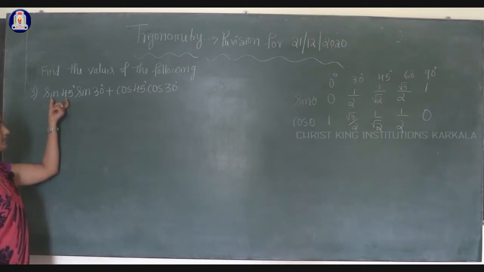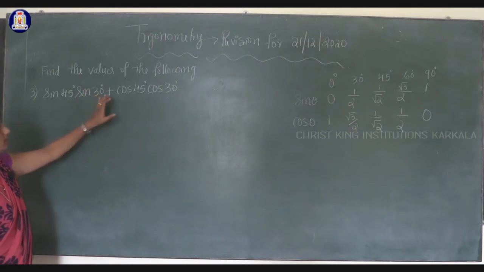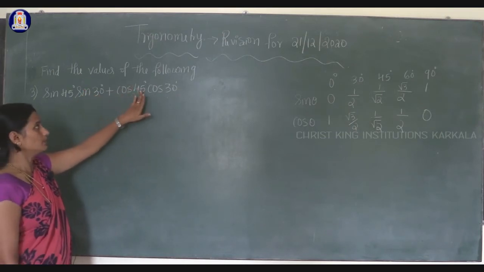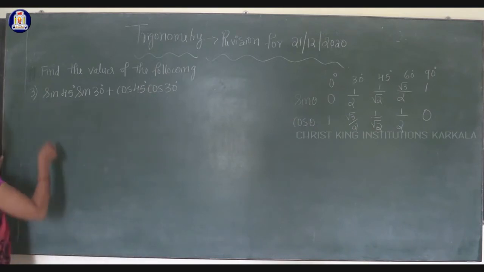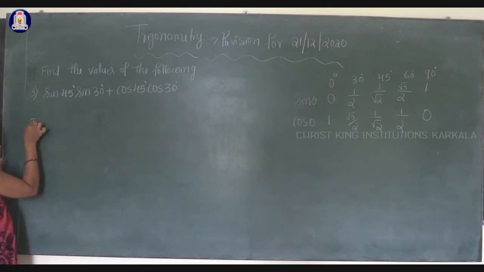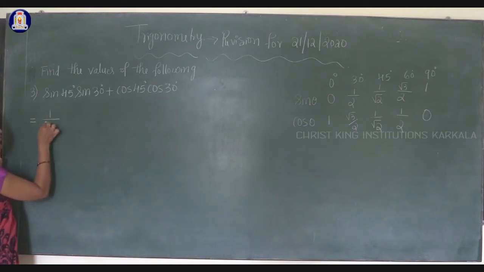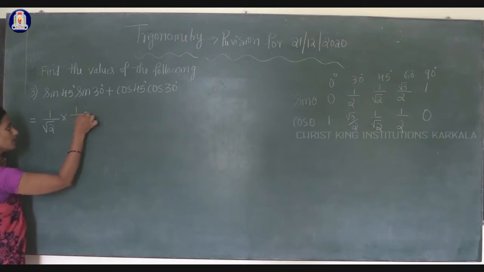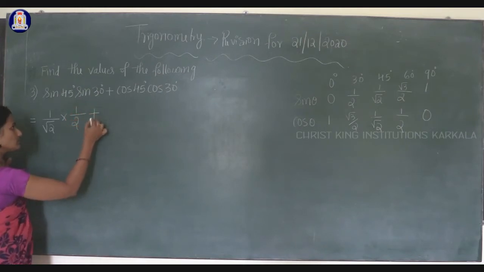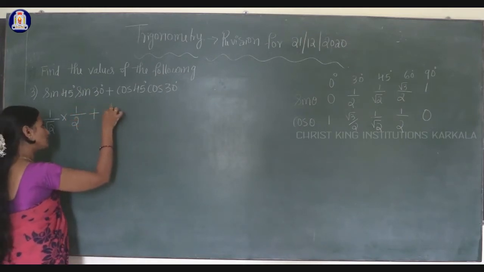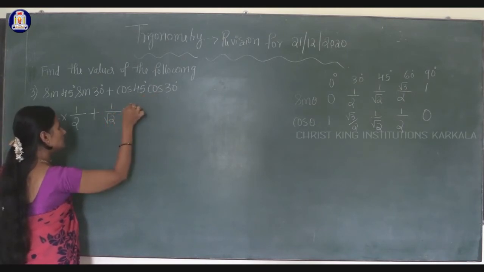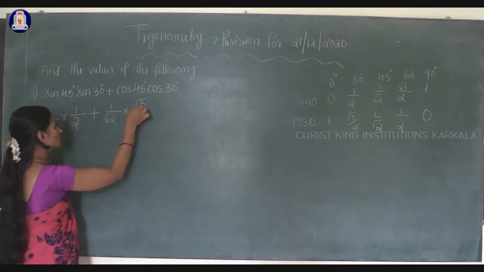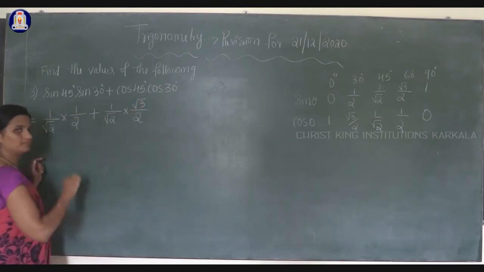Sin 45 degree sin 30 degree plus cos 45 degree into cos 30 degree. Yes. What is the value of sin 45? Sin 45 is 1 by root 2, into sin 30, which is 1 by 2, plus cos 45, which is 1 by root 2, into cos 30, which is what? It is root 3 divided by 2.